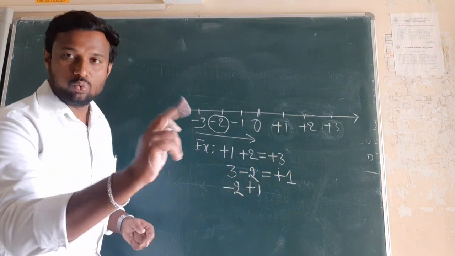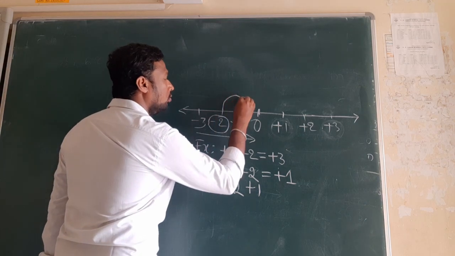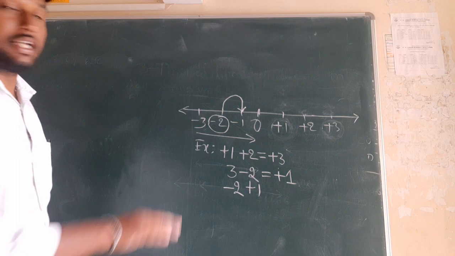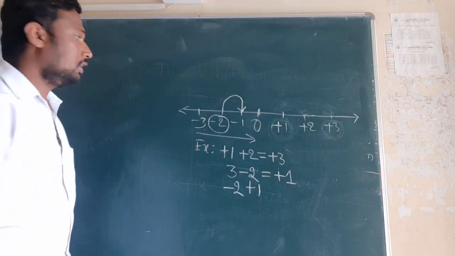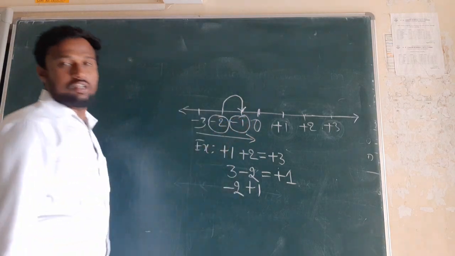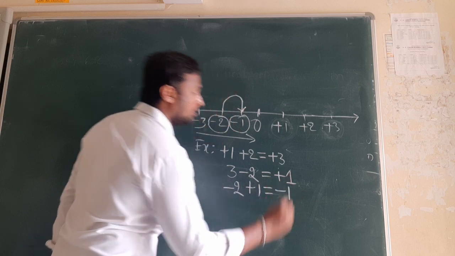Just you are adding 1. So from this minus 2, you have to move only one step towards the right hand side direction. So here after this you will get the answer. So what is this number? Minus 1. So here the answer is minus 1.